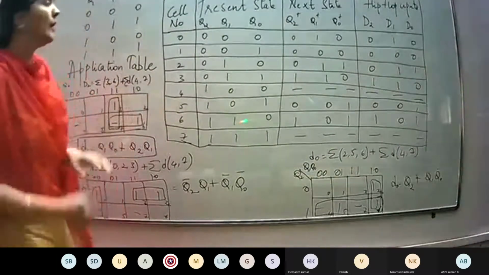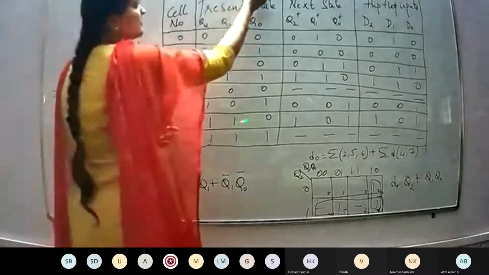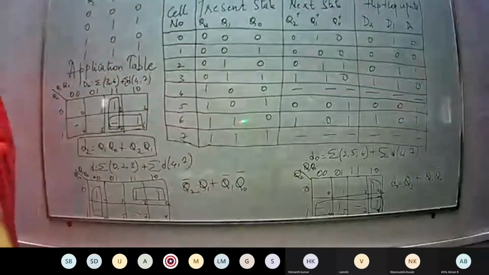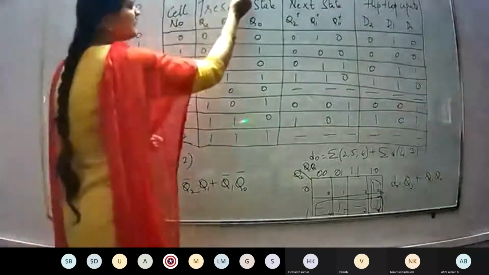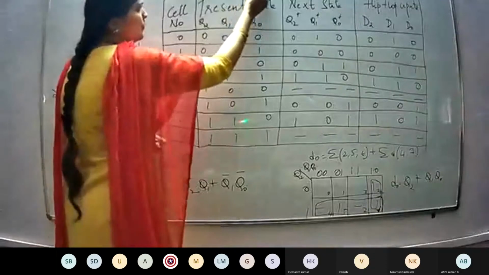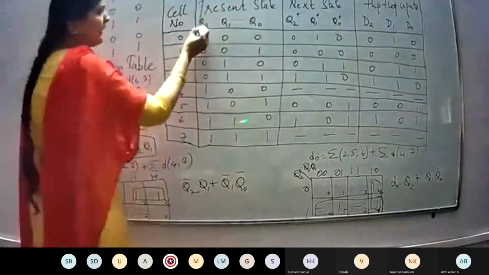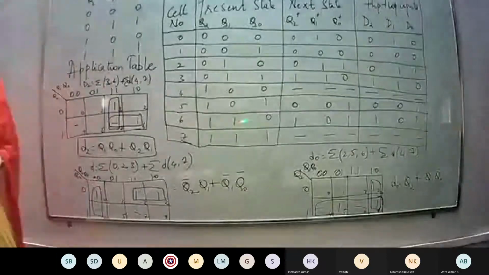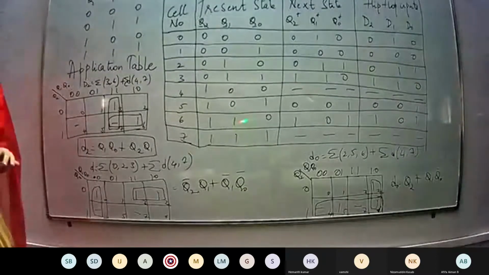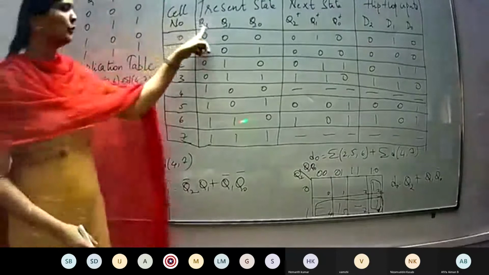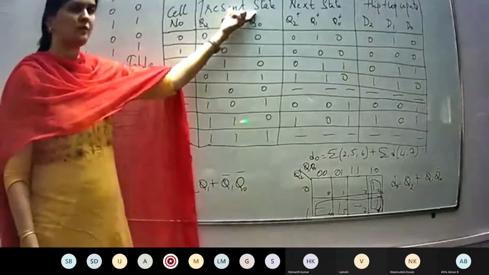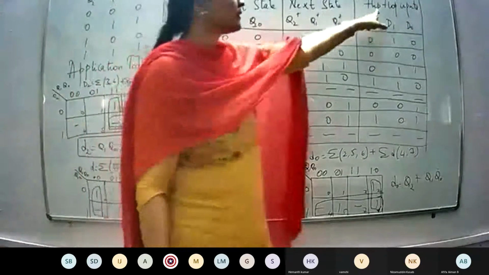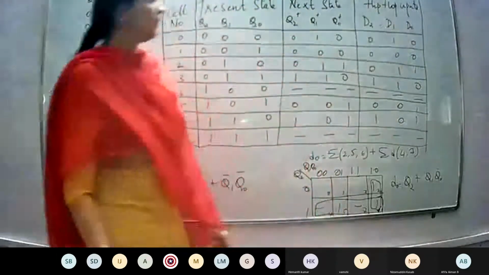So to design, because 6 is the highest number here, how many bits can we take? You can take 3 bits. So I will be taking Q2, Q1, Q0. As maximum is 6, we will take 3 bits. This is your present state, this is your next state, and this is your flip-flop inputs.